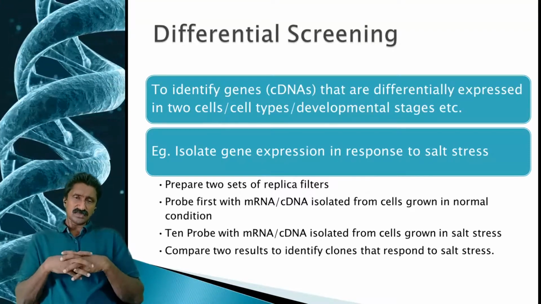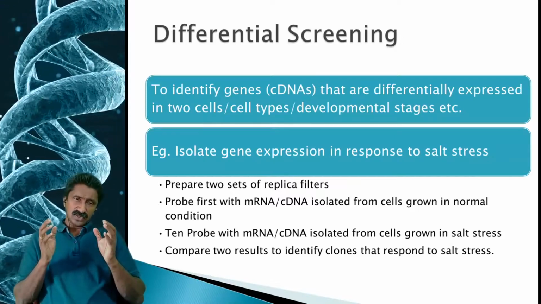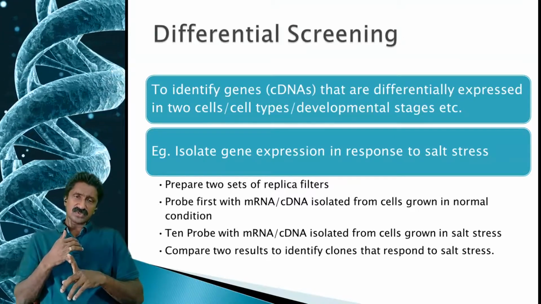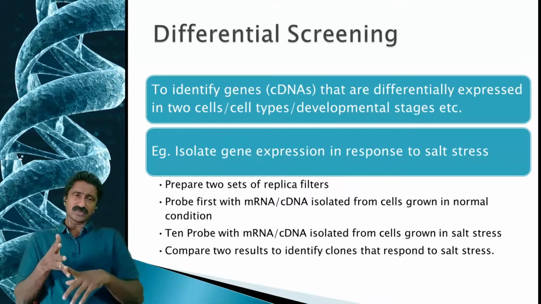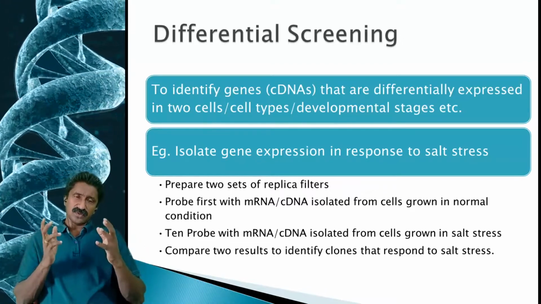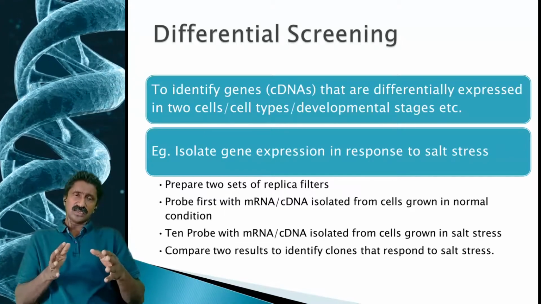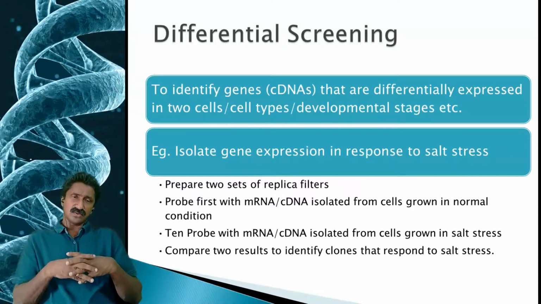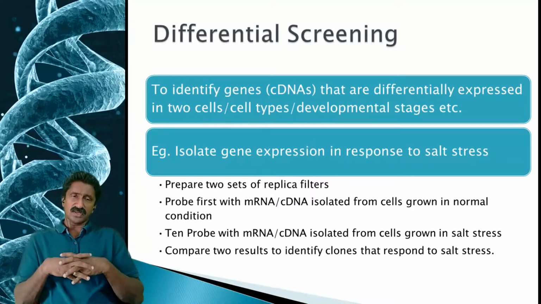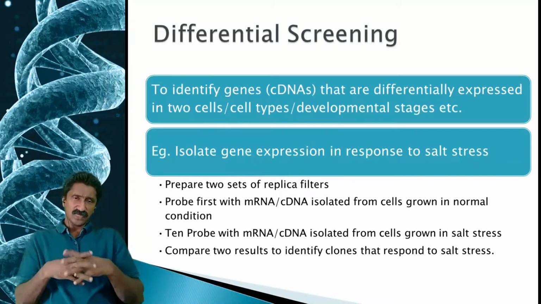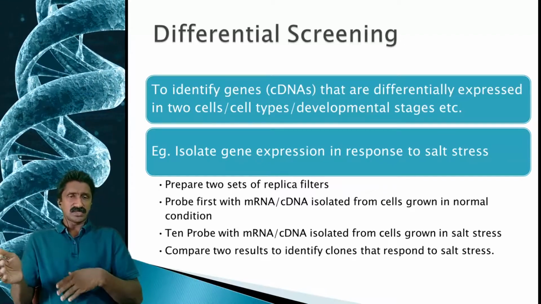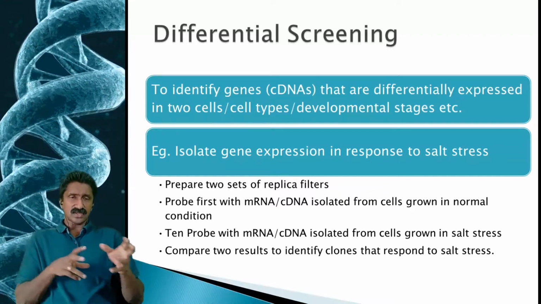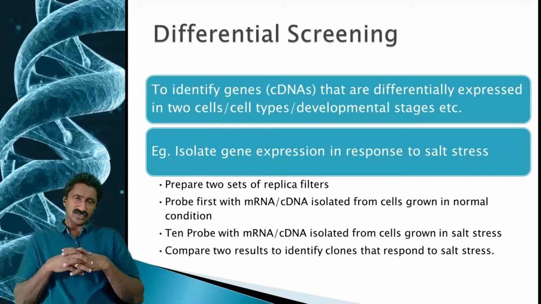So the basic concept is that you can identify expression of genes in different cell types or different developmental stages or under various environmental conditions, growth conditions, etc. Everything can be compared by taking two different sets of samples from different cell types or cells grown in different conditions.